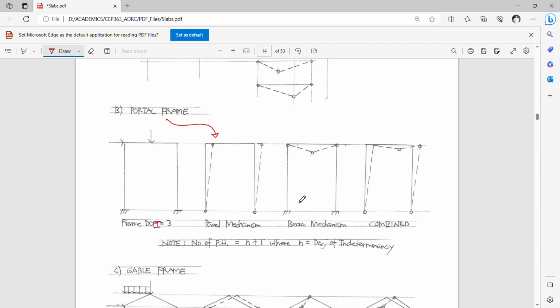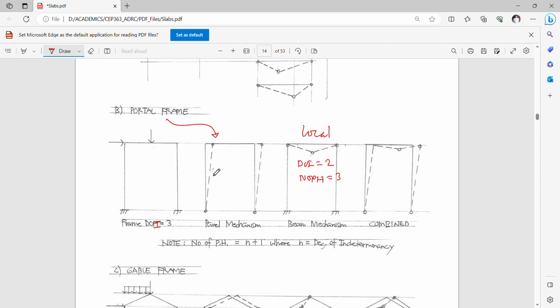For a local beam failure, if I have a DOI equivalent to 2 at this point, and then I add 1 plus 2, I can have my number of plastic hinges equivalent to 3. So I have 3 plastic hinges there.